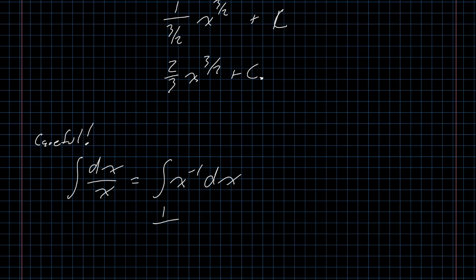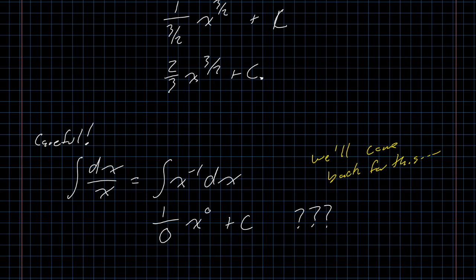So we have 1 over -1 plus 1, which is 0. All right, that's a problem, right? 1 over 0 times x to the 0 is 1 divided by 0, which is undefined. We definitely don't want an undefined solution.